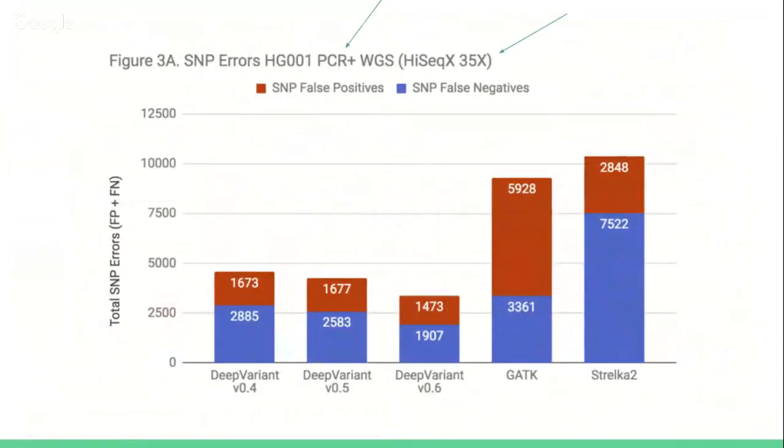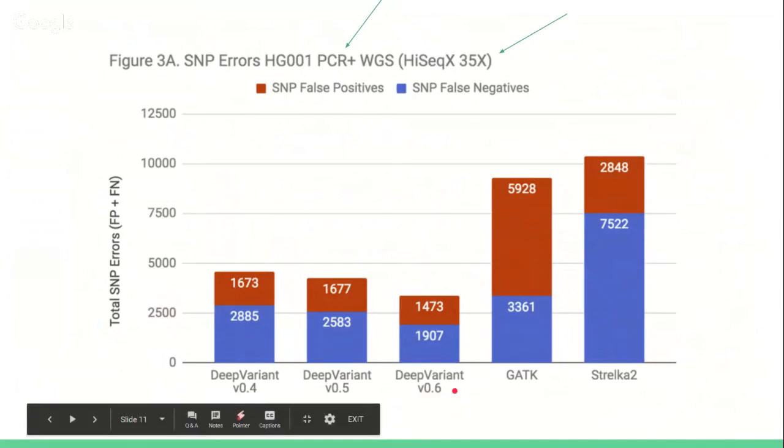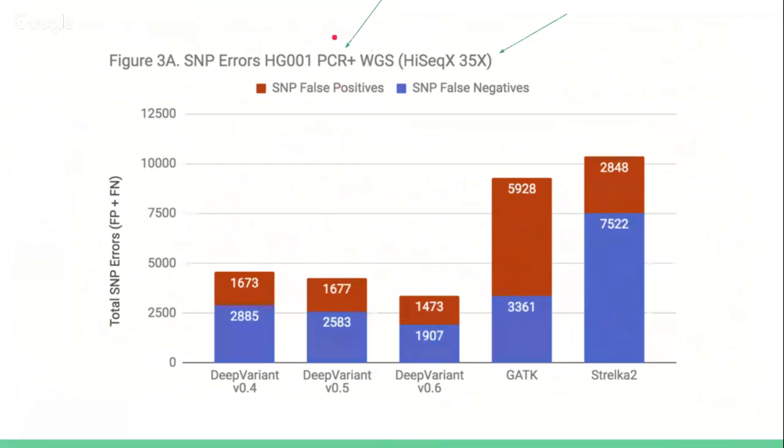This is another one that shows the evolution of DeepVariant from version 0.4, 5, and 6. And it's, in this case, for a PCR plus whole genome sequencing dataset done on a HiSeq X at 35x. This is important, PCR plus, because the data should be noisier. And this is something we've mentioned in other episodes. The best way of producing libraries for Illumina is to use the PCR-free library prep.